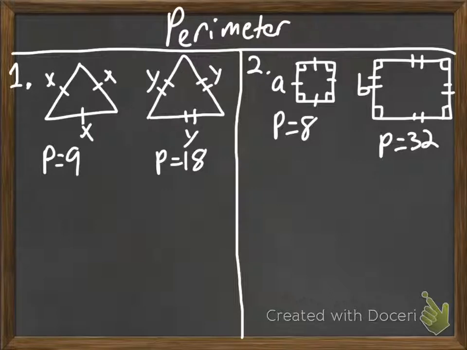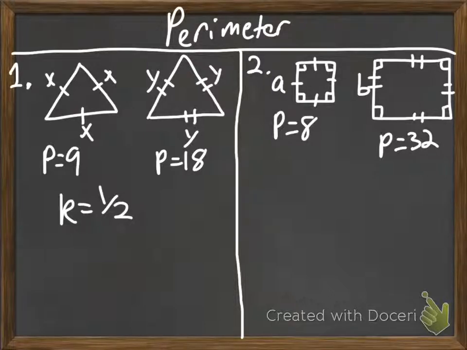So I'm going to go through the first one. I know that the perimeter of the little one is 9, the perimeter of the big one with the y's is 18. What that means is that I know their scale factor will be 1/2. So I've found out what the scale factor is. That's half of what I want to know. What I now want to know is, what does each side equal? And does that match up with my scale factor?